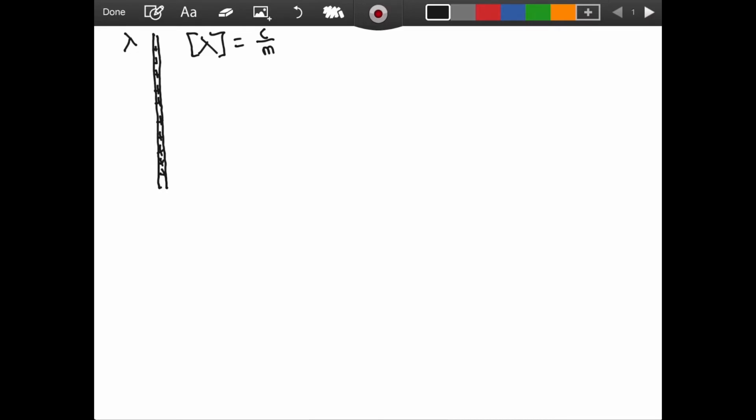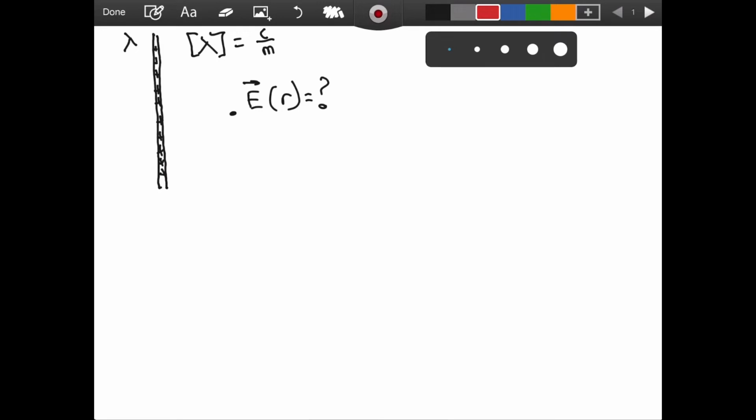Now, we are interested in finding the electric field at this point, let's say. So we are asking, what is the electric field here at point R? Well, the first thing to notice is the electric field will be to the right. And why is that? Well, because it can't have an up or down or away from the screen or to the screen component, since this is an infinite or a long wire.